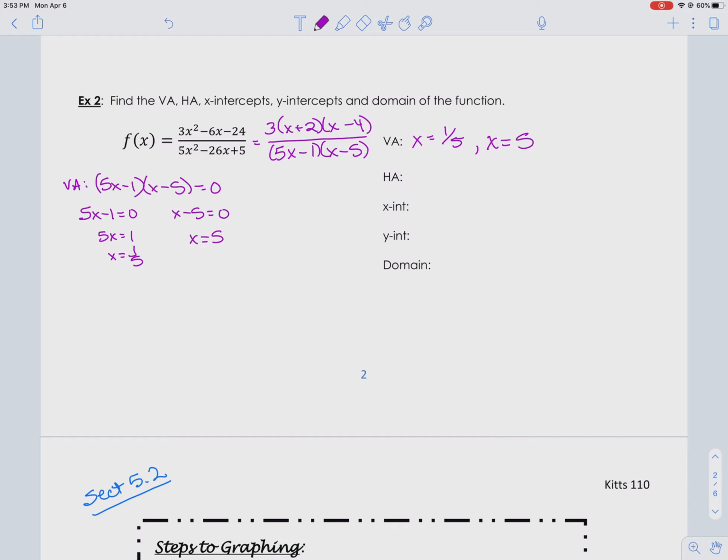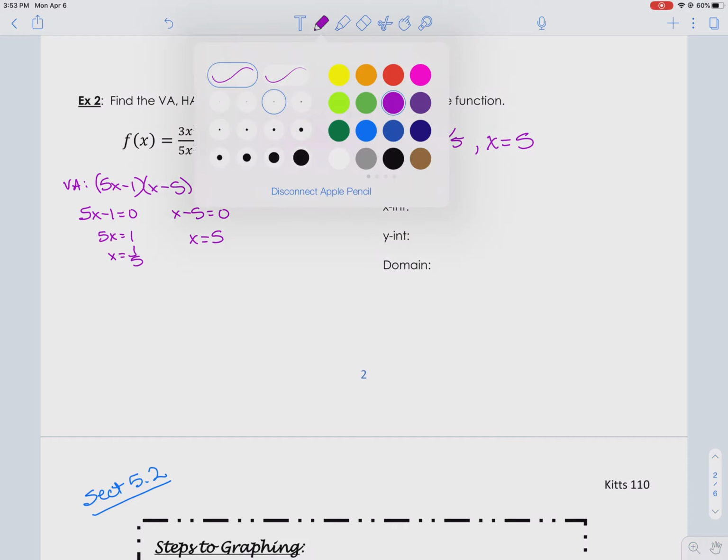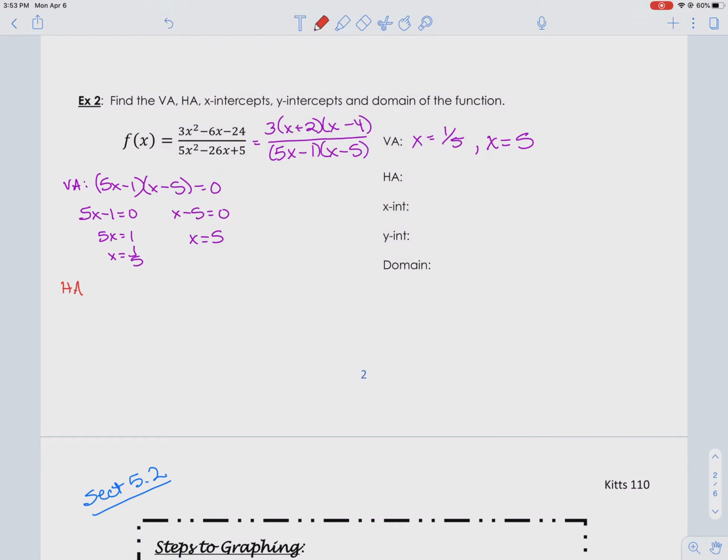Okay, now let's look at the horizontal asymptotes. For the horizontal asymptotes, remember you're looking at those exponents. Notice they're exactly the same. So when they're the same, you use the leading coefficient. So that's going to be your horizontal asymptote. Notice it's y equals.